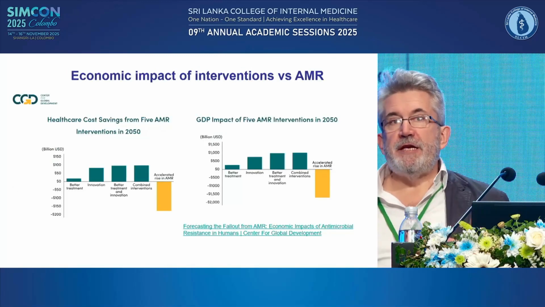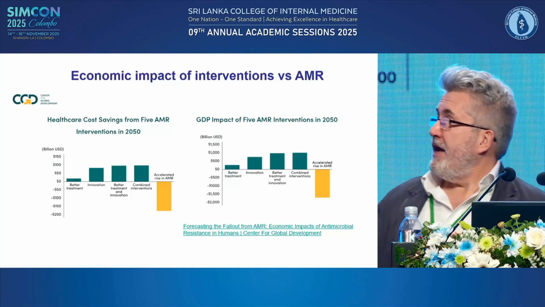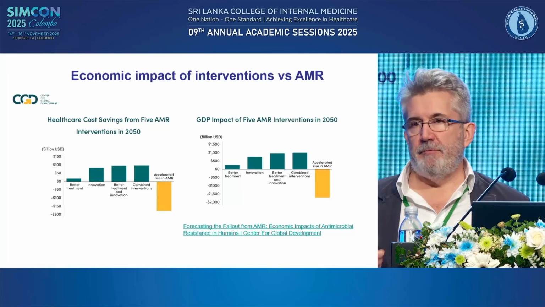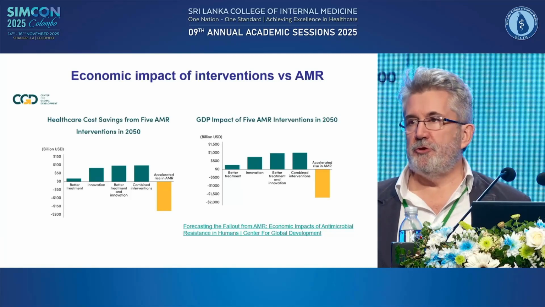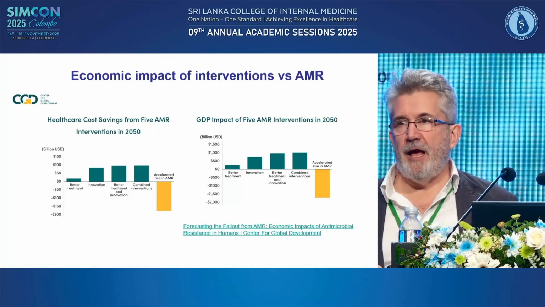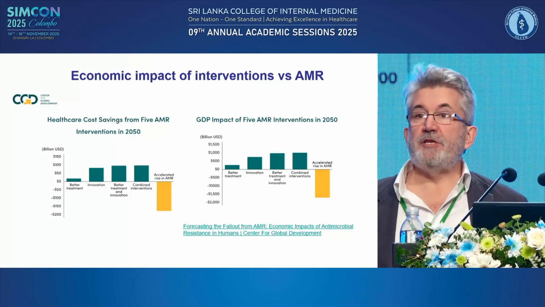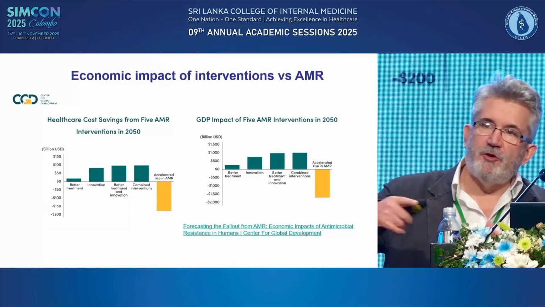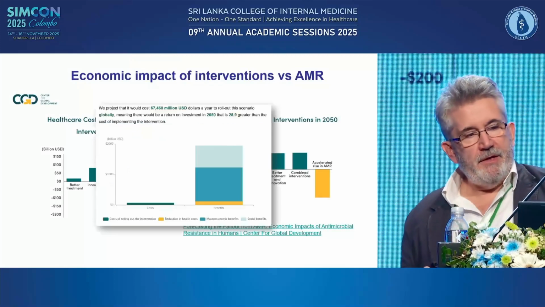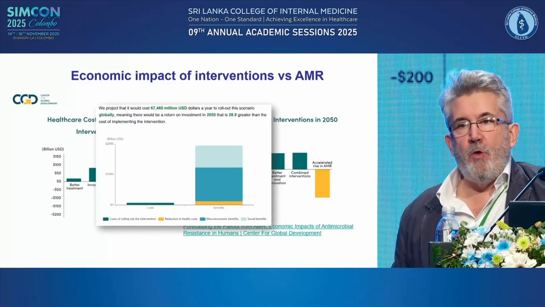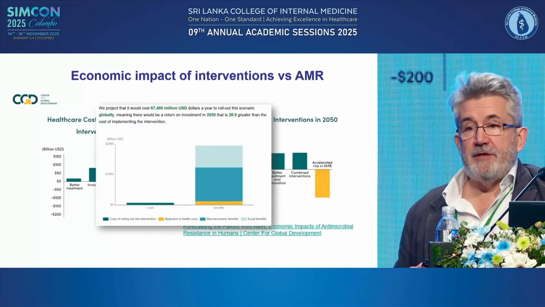So the good news is we can do something about it. If we implement good measures, develop new drugs, put antimicrobial stewardship into place, and use our antimicrobials more responsibly, we can turn the juggernaut round. And a relatively small amount of investment is required to make this change happen.